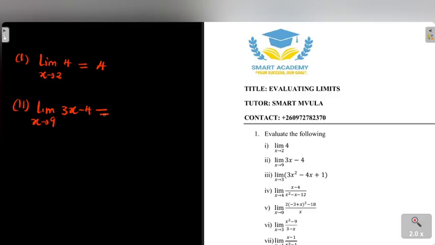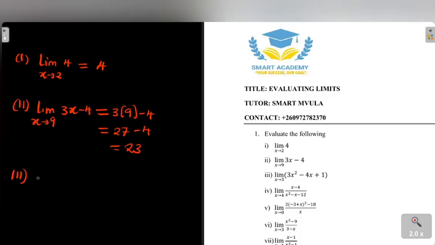The moment you substitute, you don't write the limit symbol because you're applying the limit, which is 9. So say 3 open, where there's x, you put a 9, then minus 4. This will give us 3 times 9, that's 27, then minus 4. Then 27 minus 4, we have 23 as the answer there.